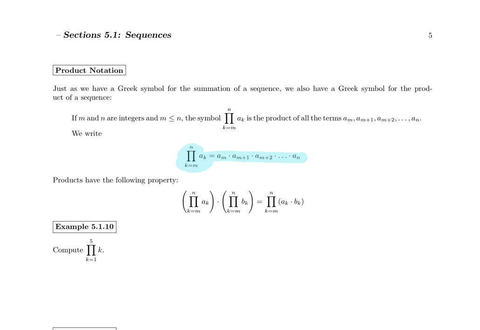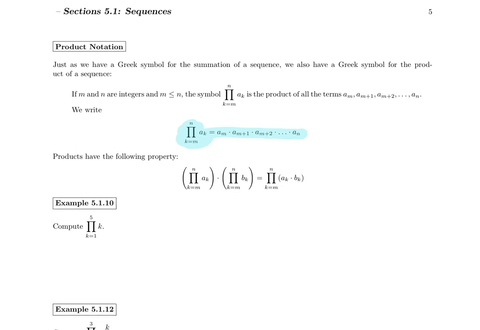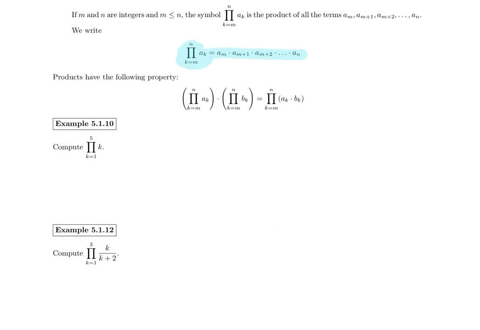So what does it look like to evaluate one of these products? Example 5.1.10 asks us to compute the product from k equals 1 to 5 of k. Well, that means k equals 1 is just 1, times k equals 2 is 2, 3, 4, and 5.